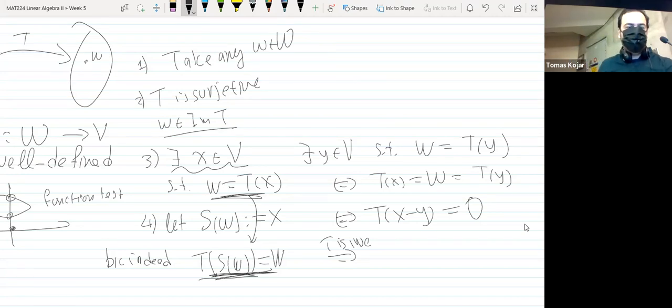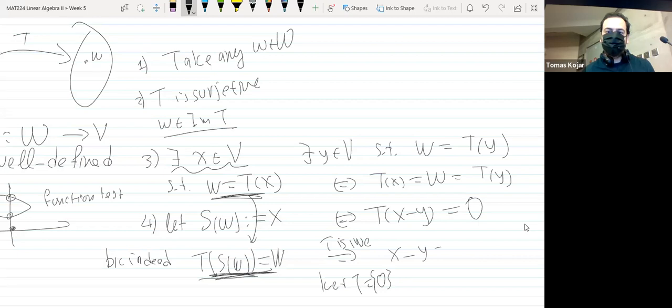Do you know what's in the kernel of an injective map? It's just the 0 element. So T is injective means kernel of T is just the 0 guy. So X minus Y is equal to 0. So X is Y. So there's only one choice.